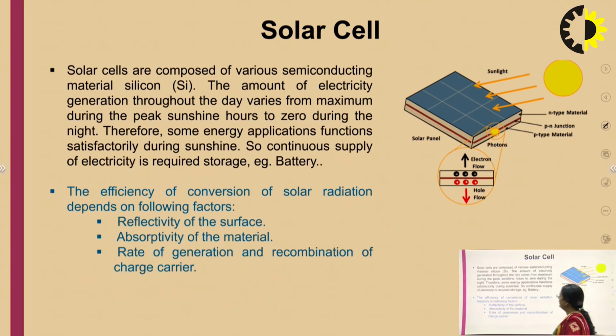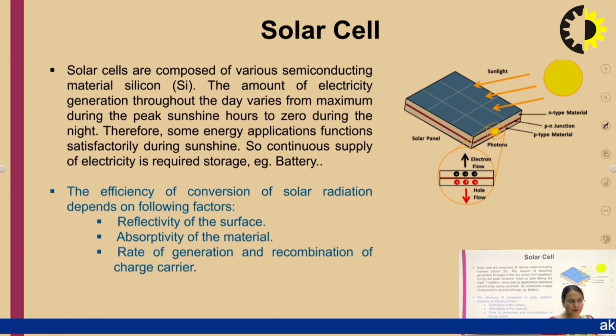Solar cells are composed of various semiconductor materials. Mostly silicon is used for the composition of the solar cell, and the amount of electricity generated from the sun will vary from maximum to zero. Maximum during the daytime, during the peak sunshine hours, and zero during the night time.